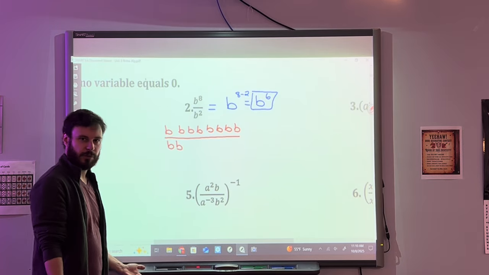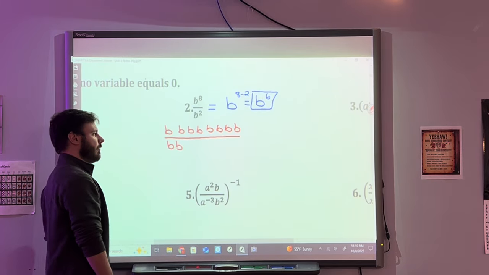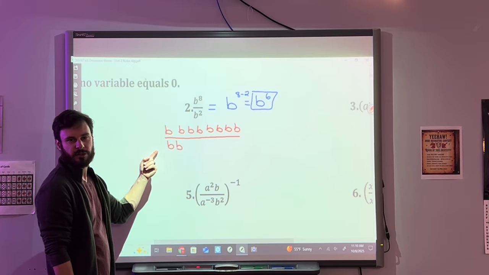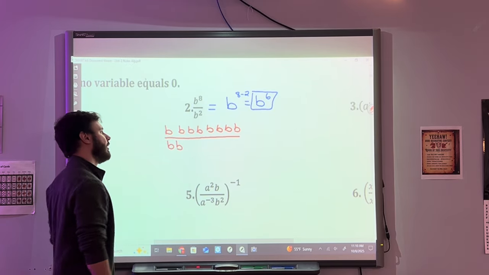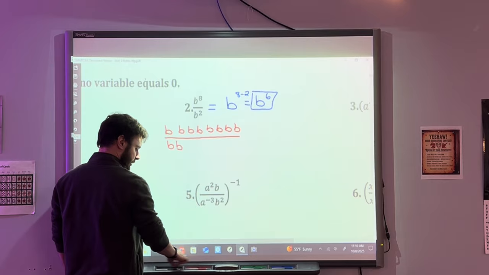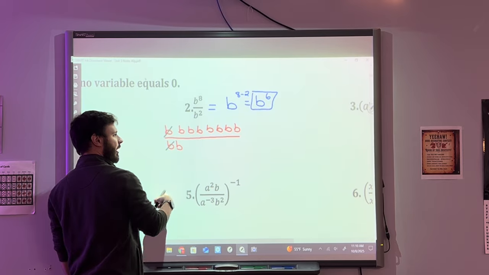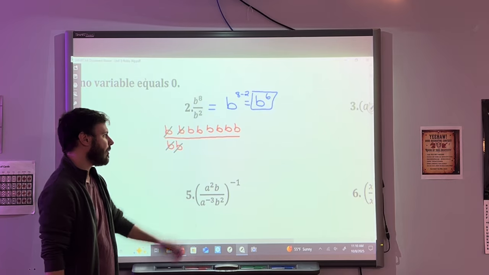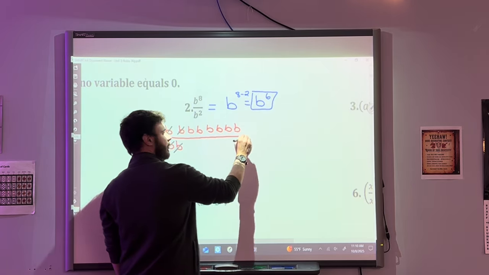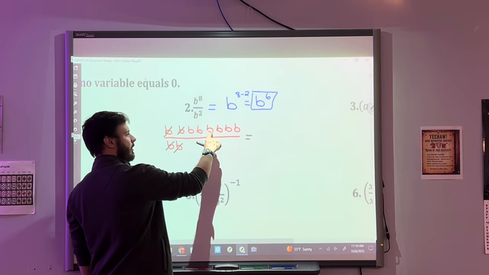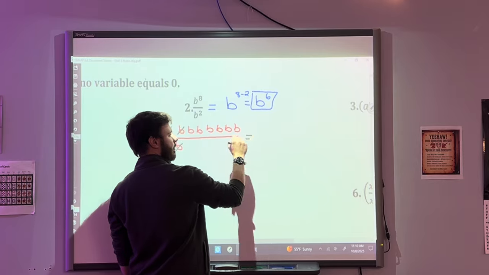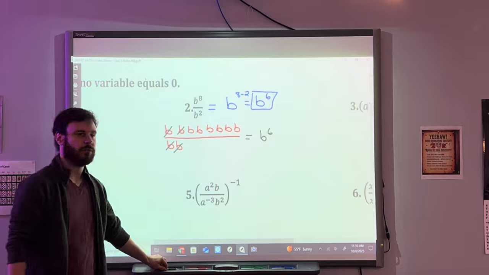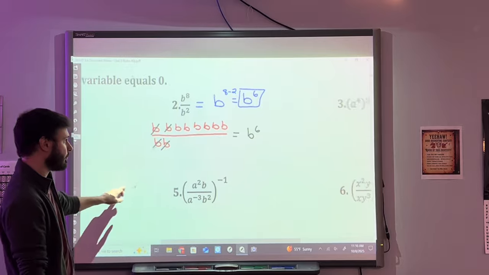B could be 5, it could be 500. But I do remember from maybe way back in the day, if I have the same thing on the top as the bottom, I can cancel that. So a B on the top is going to cancel with a B on the bottom, just like that. Nothing's on the bottom anymore. So what I'm left with is 6 B's on the top, so b to the 6. And that's the explanation of why that one works.